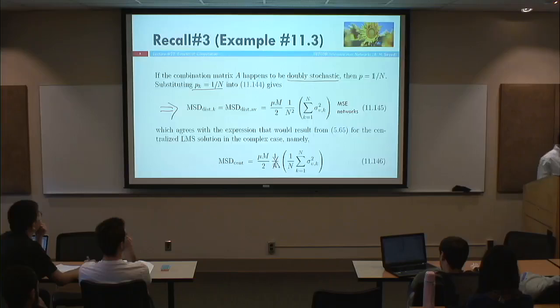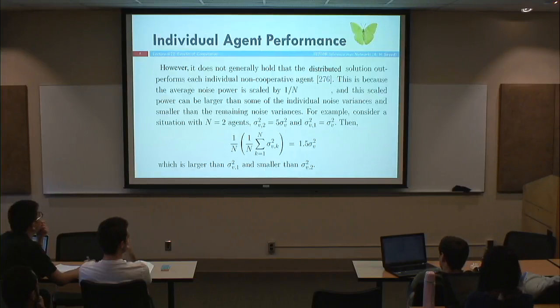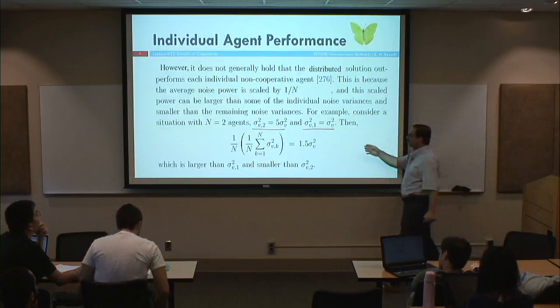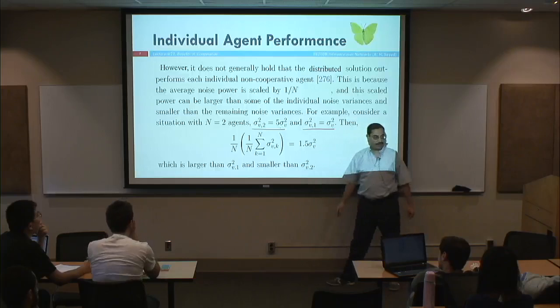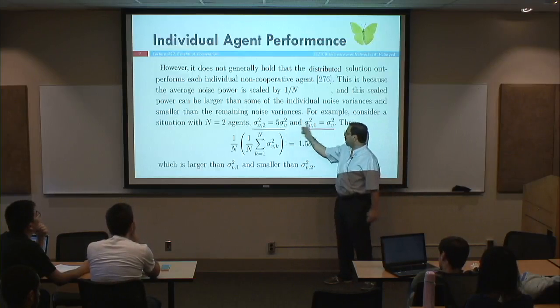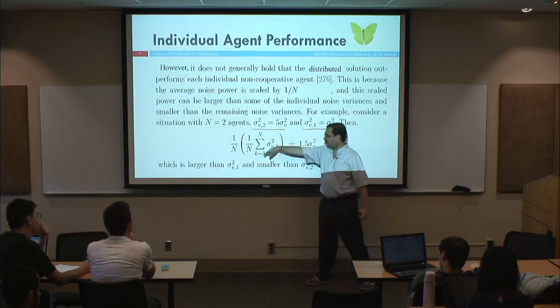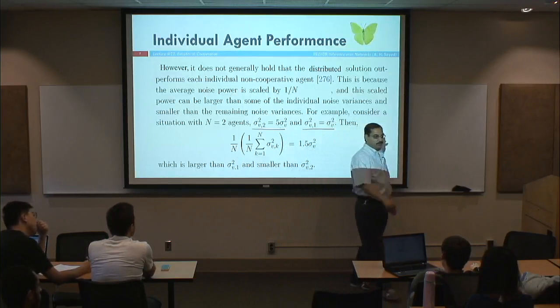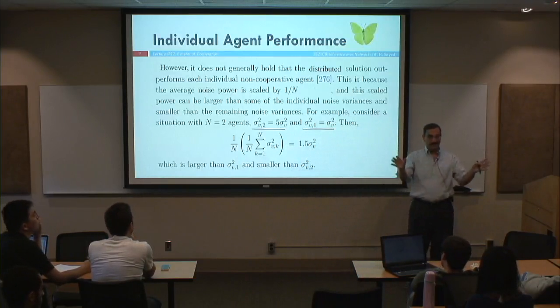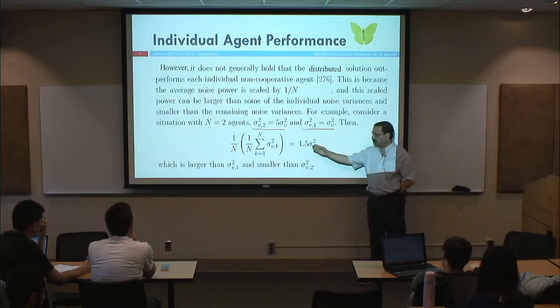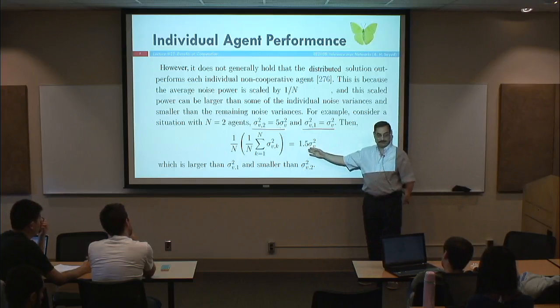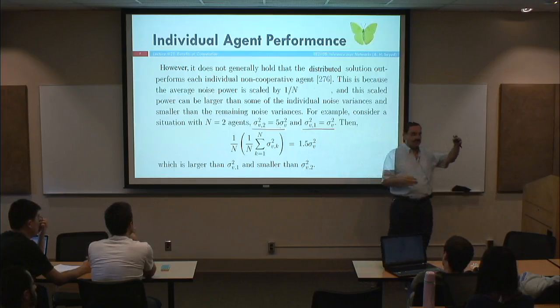So for example, let's take an example here. I have 2 agents only. The noise power at one is sigma v squared. The noise power at the other is 5 sigma v squared. So the average will be 3, and then you further divide by n, that gives you 1.5, right? So the performance in the distributed network will be proportional to 1.5, because you have the mu over 2.